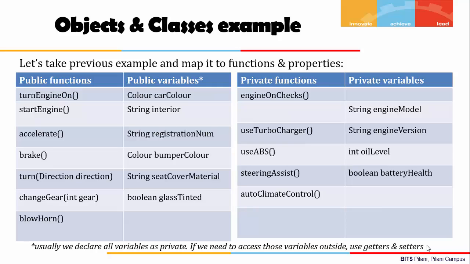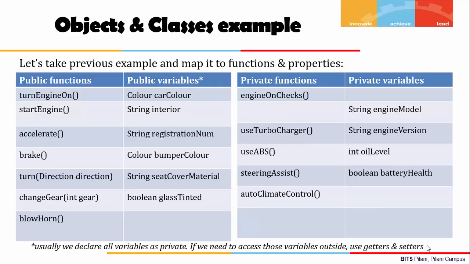So these internal functionalities, which cannot be accessed directly from the outside world, are categorized under the private section. When we turn on the engine, internally it calls engine on checks or other initial checking programs. These are not visible to the user. They cannot be accessed directly from the outside world. So these are all under the private section.